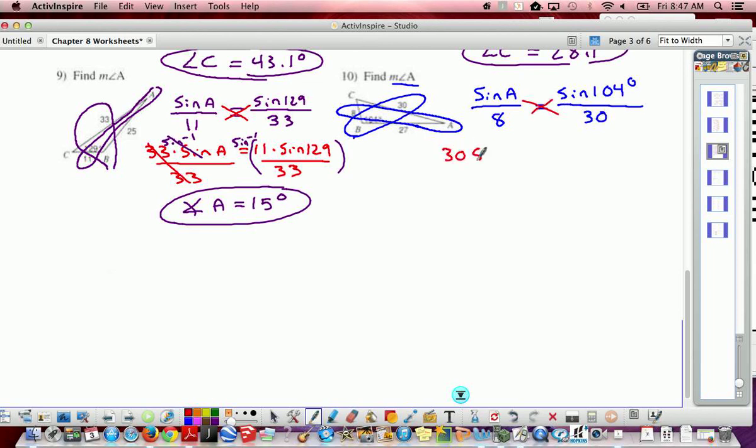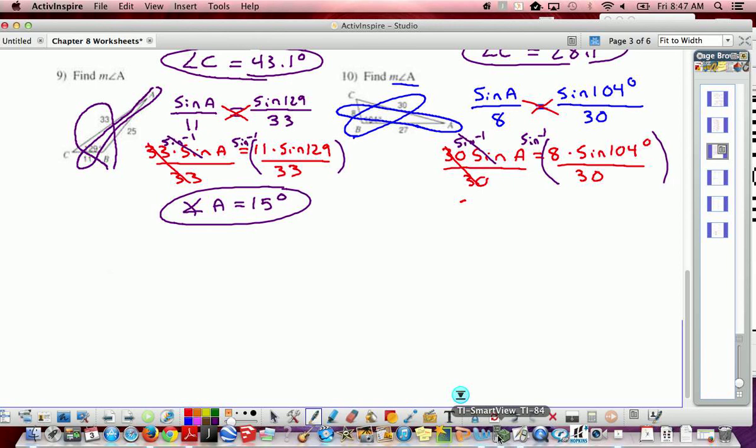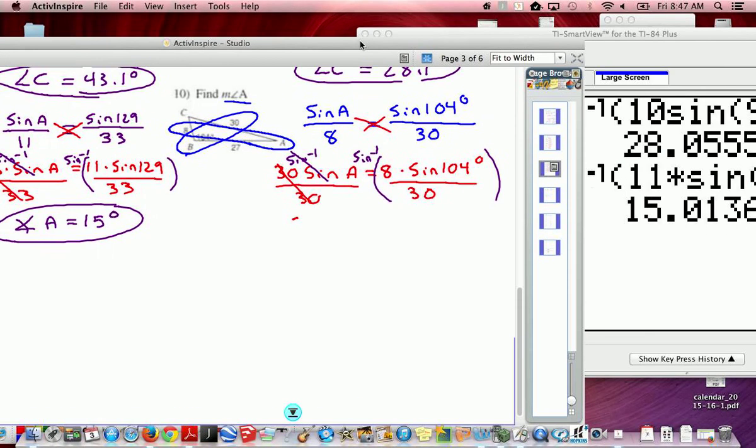So 30 sine of A is equal to 8 times sine of 104. Divide both sides by 30. So then we just need to take the inverse.